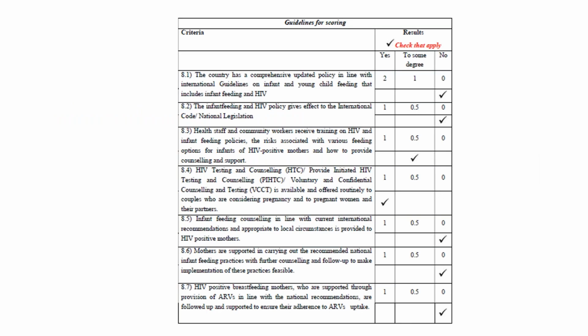And we scored here on 8.3 about the health workers receiving training on HIV and the risks for various feeding options for infants of HIV-positive mothers. So we do that to some degree, and we do provide HIV testing and counseling, so we got a point there.